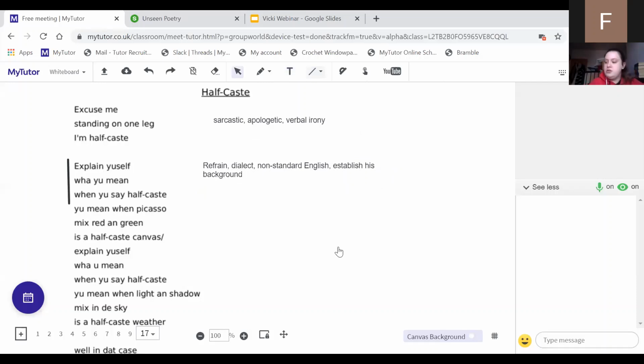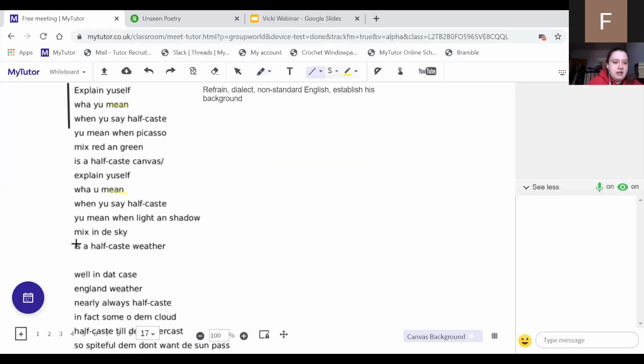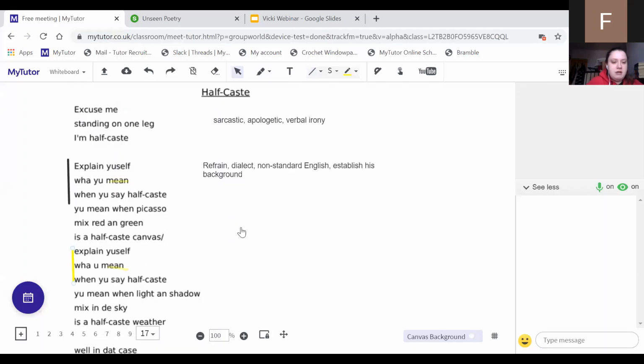Then we've got some repetition. So we've got mean coming up time and time again. Within these refrains, a mean does come up somewhere else, I believe. So we've got this coming up here as our refrain.